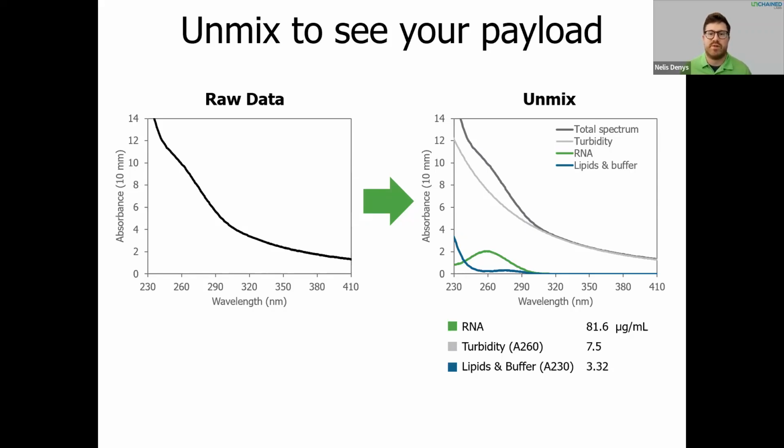And blue is the UV-Vis absorbance signal from other components in your sample, like lipids, excipients, your buffer components. So Stunner will separate the contributions of those three groups, your turbidity, your RNA, and anything else in your sample, to quantify the total RNA in your sample in less than a minute from that 2 microliter without any dyes, reagents, complicated workflow, or breaking down your capsid.